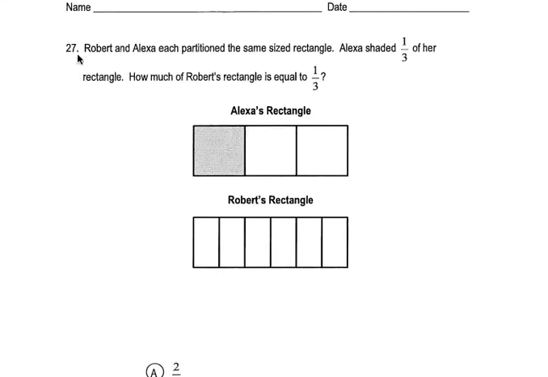27. Robert and Alexa each partitioned the same size rectangle. Alexa shaded 1/3 of her rectangle. How much of Robert's rectangle is equal to 1/3?